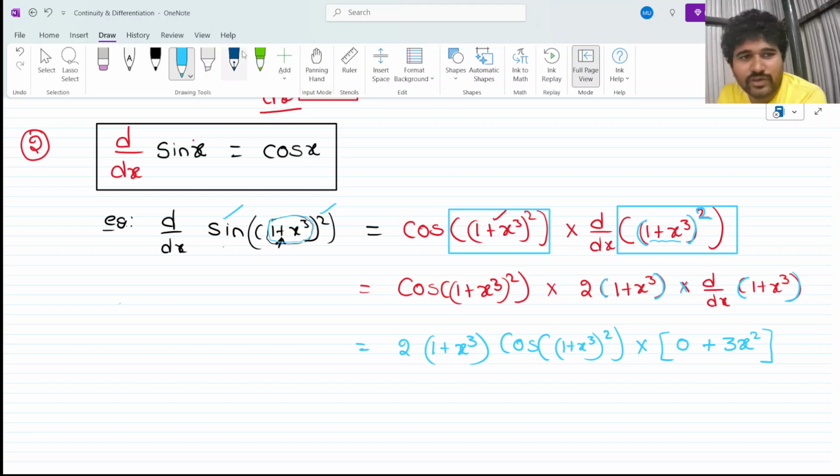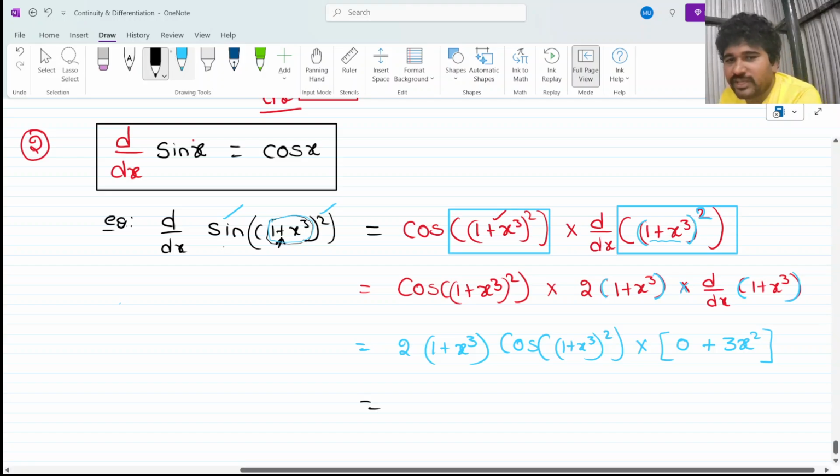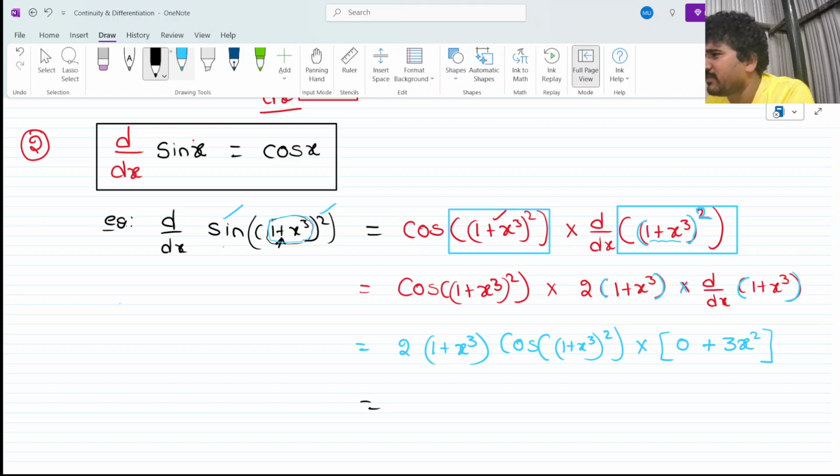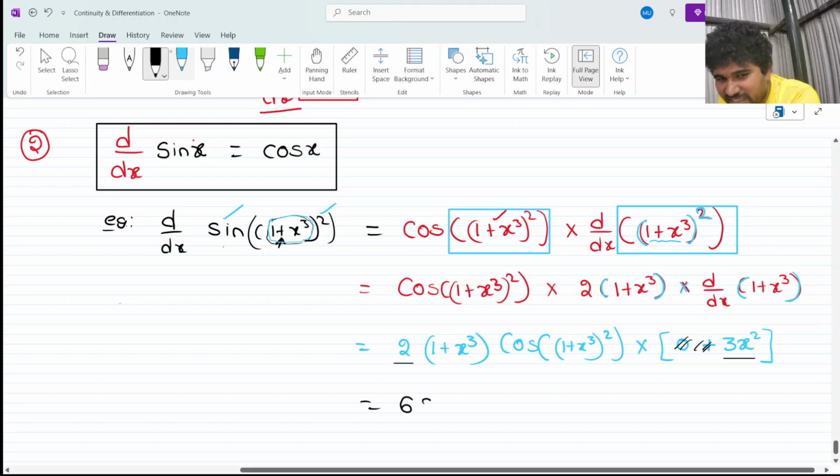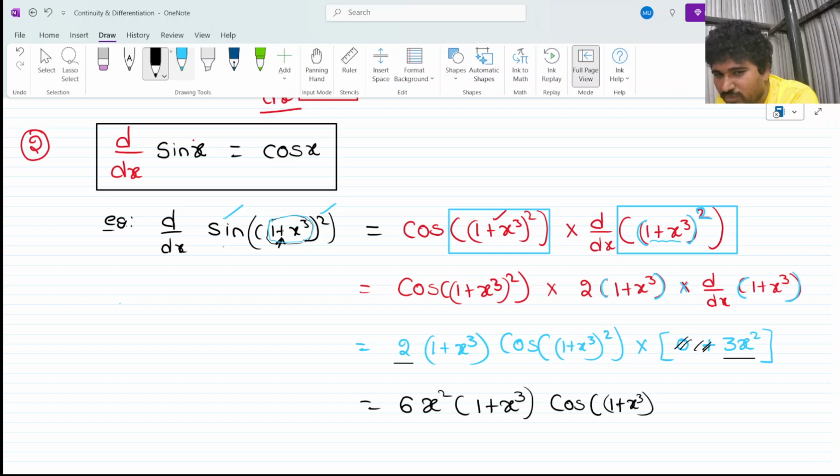So what are you left with now? Observe, 0 plus anything is the same number only. So eliminate this guy. So you have 3x square. Already one 2 is there. 3 2s are how much? 6x square into 1 plus x cube into cos of 1 plus x cube whole square.